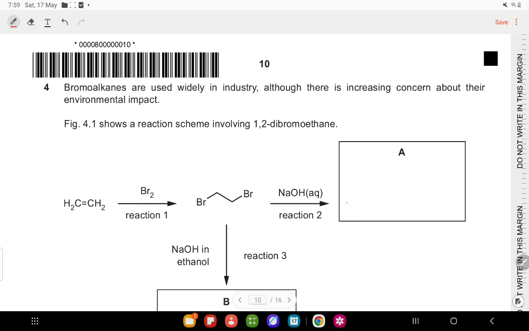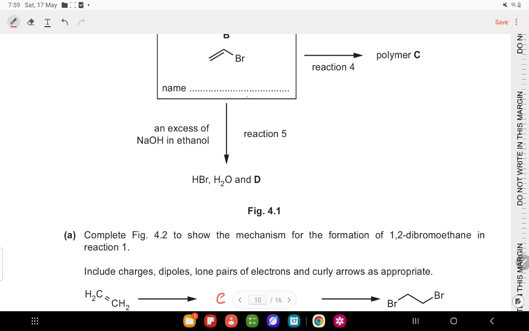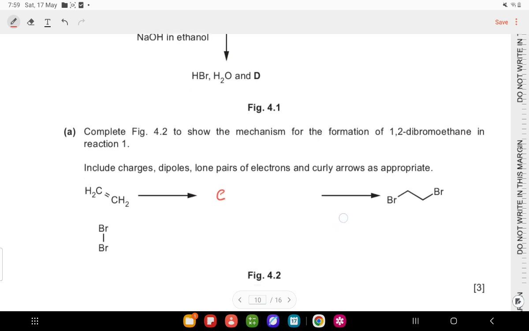It is converted in reaction 2, and converted into A in reaction 3. Complete figure 4.2 to show the mechanism for the formation of 1,2-dibromoethane in reaction 1.